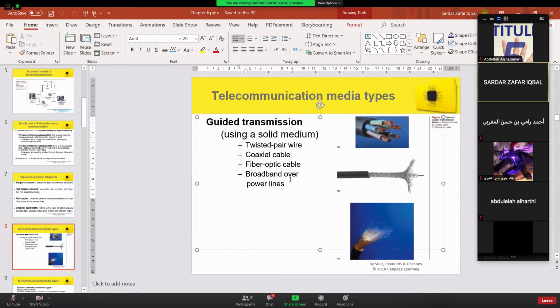It uses the electricity power lines, like the STC, the electricity department. We have the towers of electricity, and you can use some machines or distributors there to transmit the internet over these towers. So there are different types here, with different functionality and different pros and cons. These are called guided transmission.